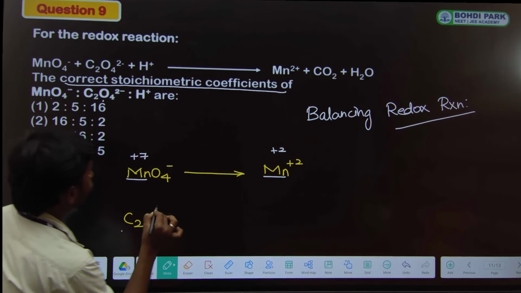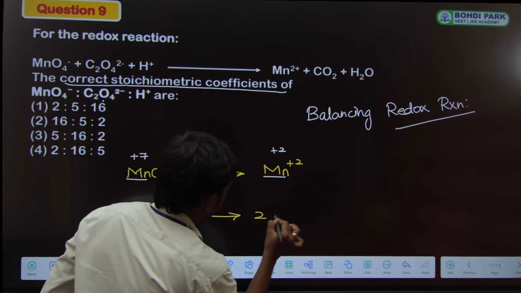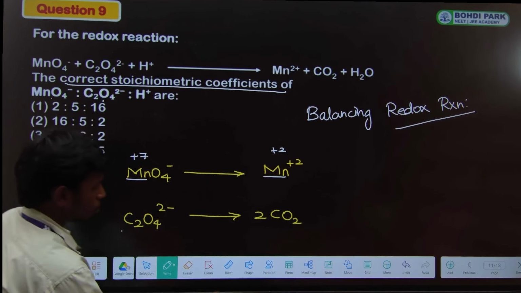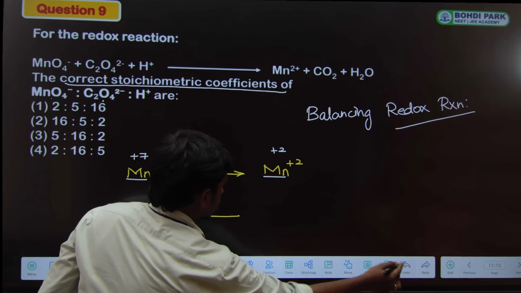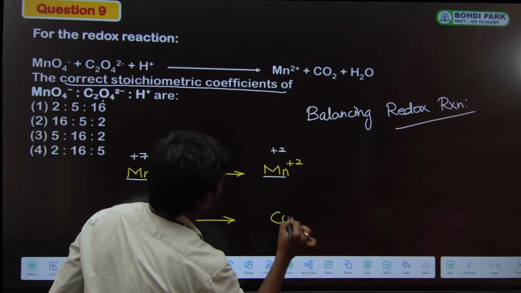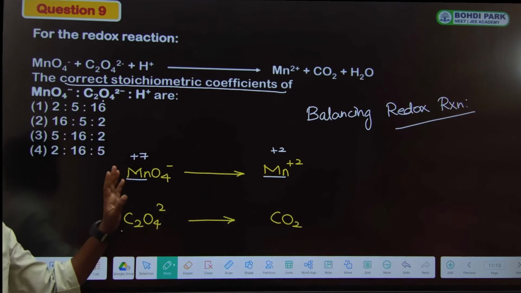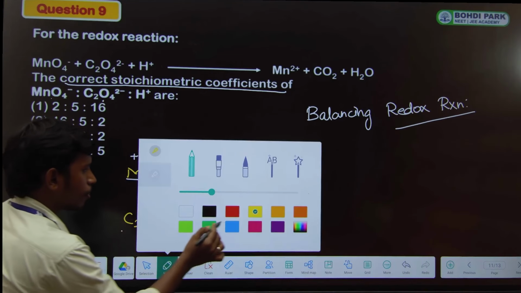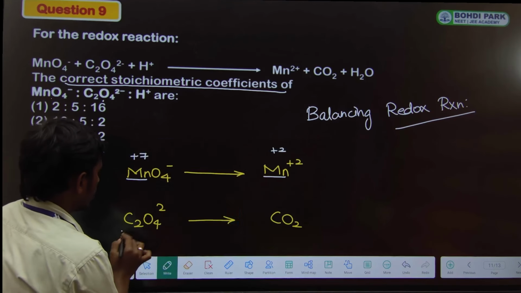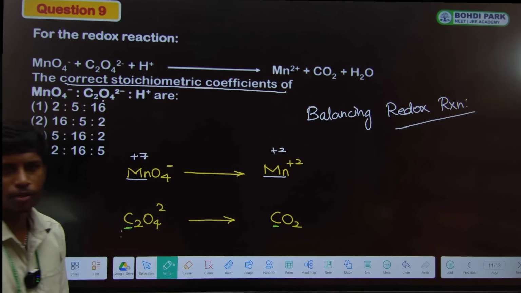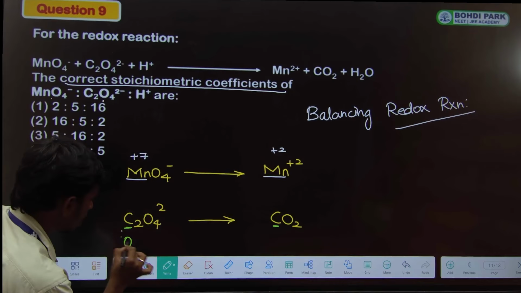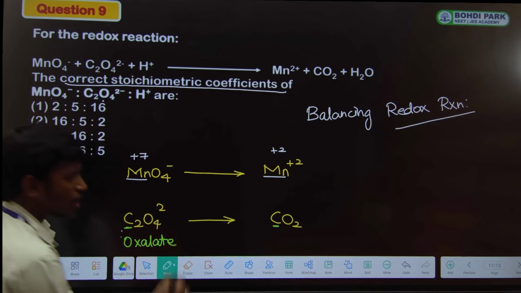C2O4 2 minus is converted to 2 carbon dioxide. Here carbon is converted to carbon. C2O4 2 minus is called oxalate ion, and CO2 is carbon dioxide.